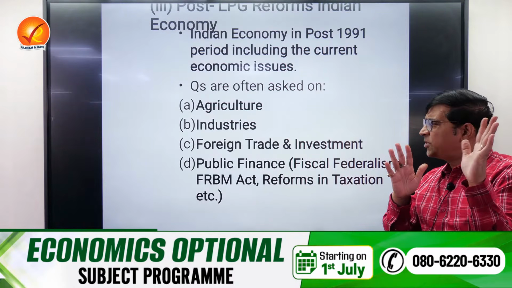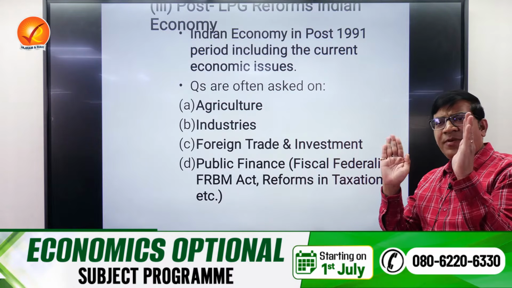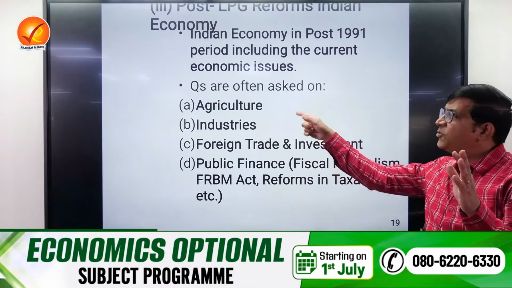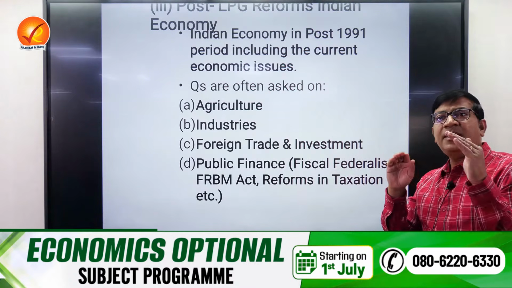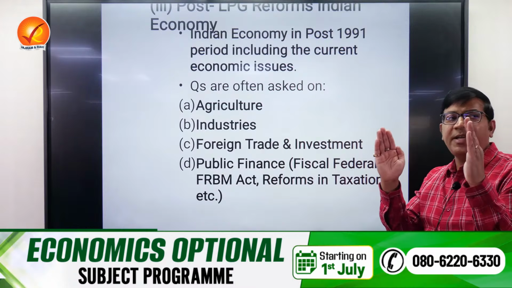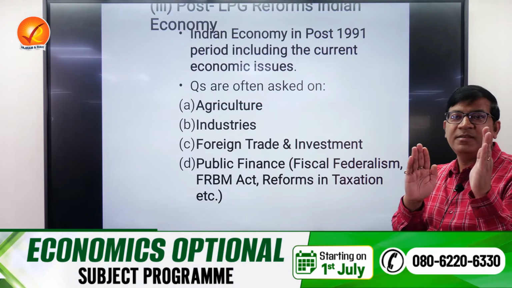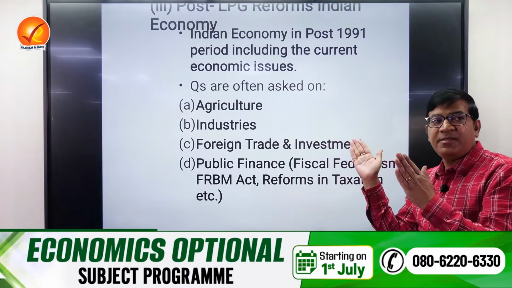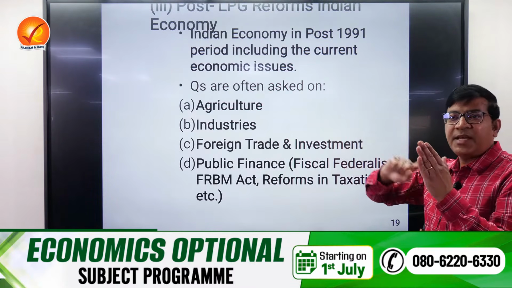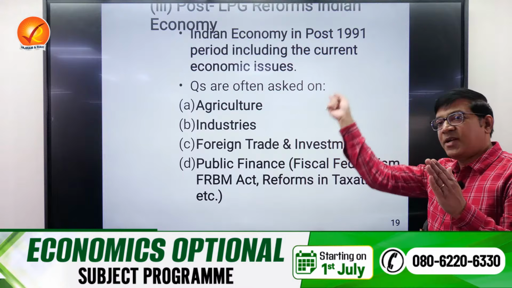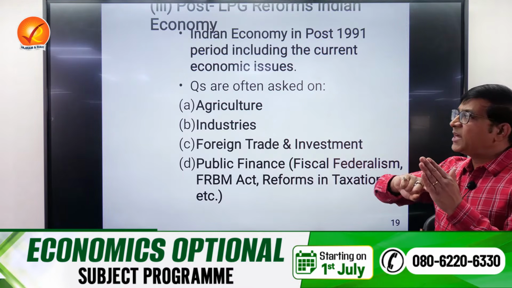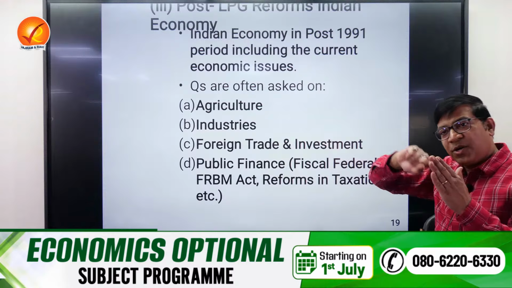One more general piece of information. When I cover any of these areas in class, like when I do agriculture, first of all, I'll cover economic history separately. But once I start with post independence, then I will take one area and cover it throughout, as in pre 91 as well as post 91. I think that is a better way to have a continuous discussion.